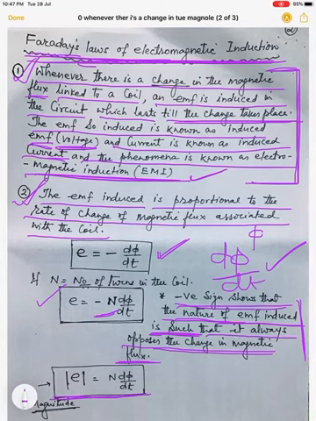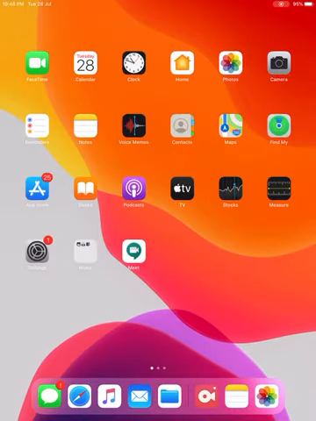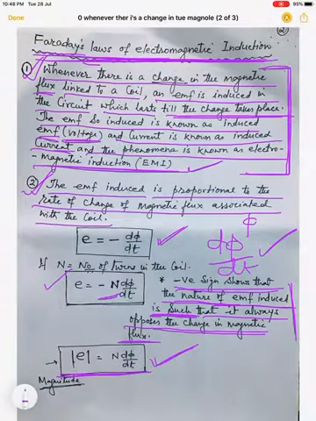The magnitude of the formula is E equal to N d phi by dt. So this is Faraday's laws of electromagnetic induction. We have two laws. So up to this video we have studied Faraday's experiment and Faraday's laws of electromagnetic induction.